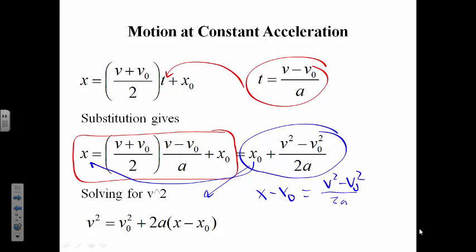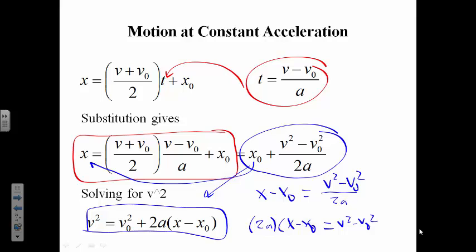We now multiply both sides by 2a, and that leaves us with 2a times x minus x0 equals v squared minus v0 squared. Then we just add the v0 squared over and we get this end result.